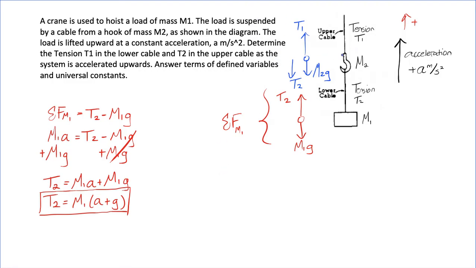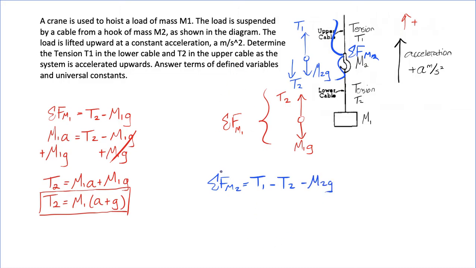Now, consider all of these things that I have written and how they must sum up to the sum of forces on M2. And just like we did over here, let's write an equation that represents that. The net force on mass 2 must be equal to the positive T1 minus the things that are pulling me down, minus T2 minus M2G.